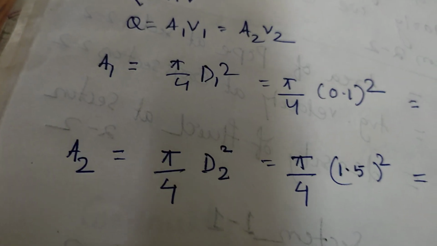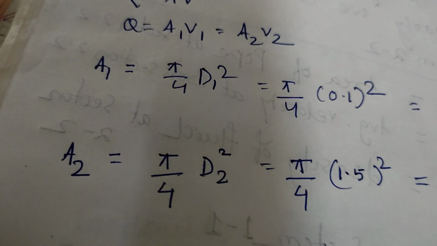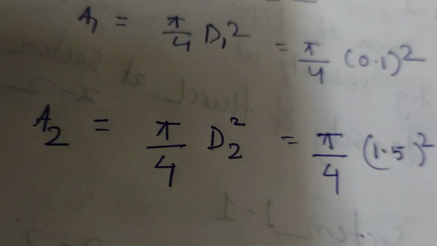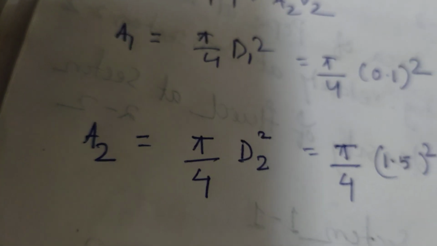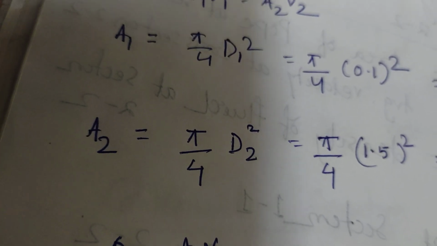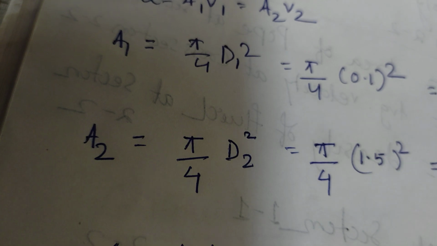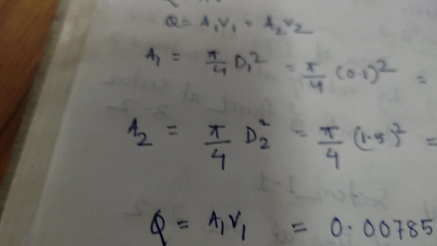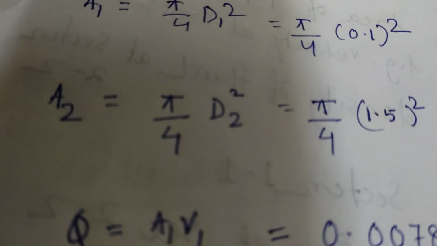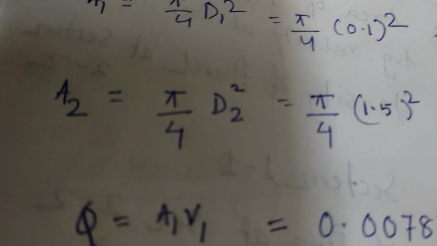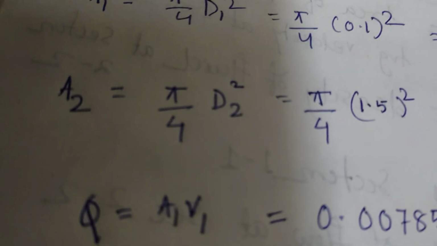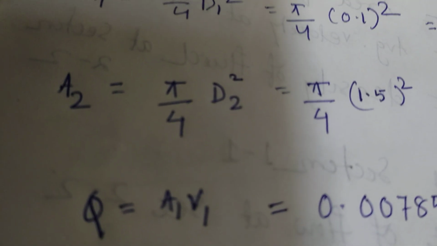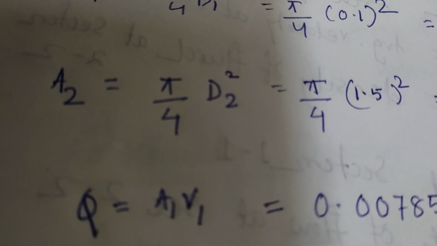After getting discharge, according to the question, we know Q equal to A1 V1 equal to A2 V2. So after getting Q, they can calculate A2 V2, and from that they can calculate the velocity at section 2. Or they can use the equation A1 V1 equal to A2 V2.